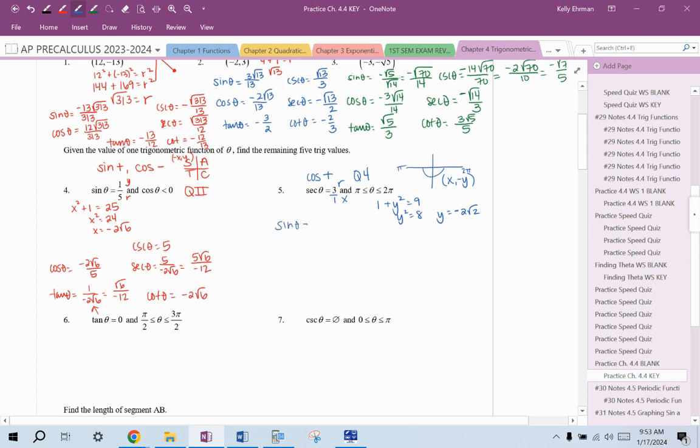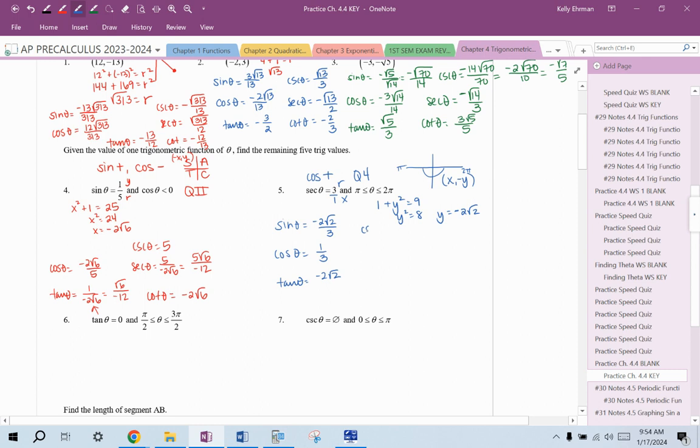So sine theta is y over r. Cosine theta is the reciprocal of 3, 1/3. Tangent of theta is y over x. X is just 1, so I'm not going to write over 1.